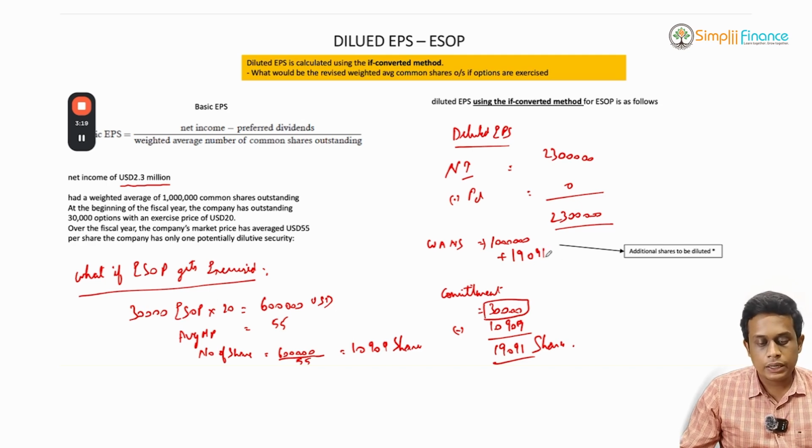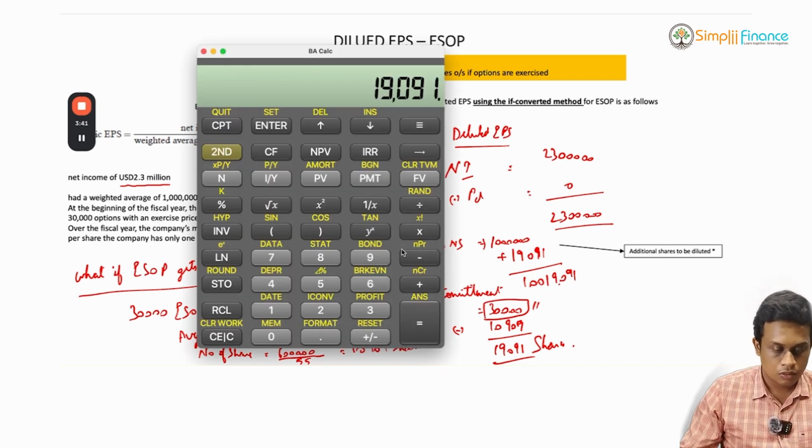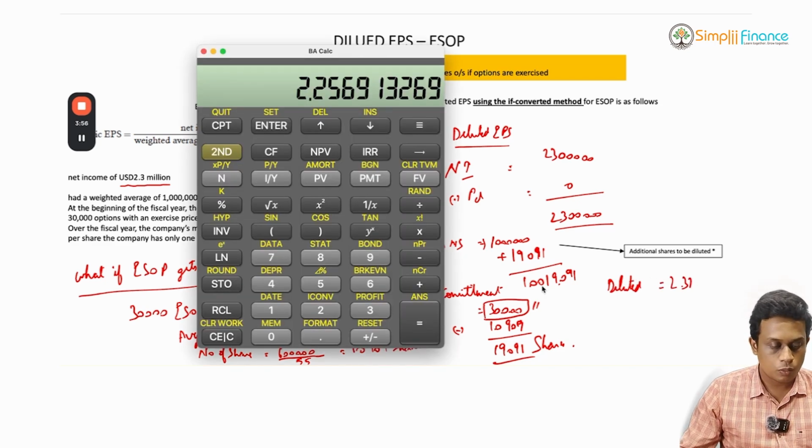That is the additional shares which is going to come into the market if these ESOPs get converted for me to satisfy this commitment. So this becomes the numerator, and this the denominator. The diluted EPS in this case will become 2.25.